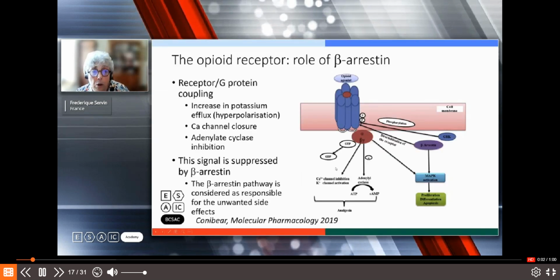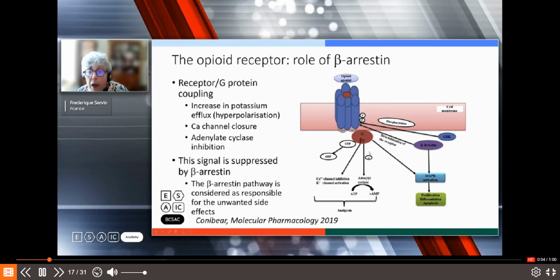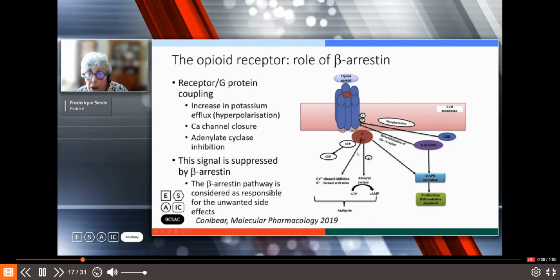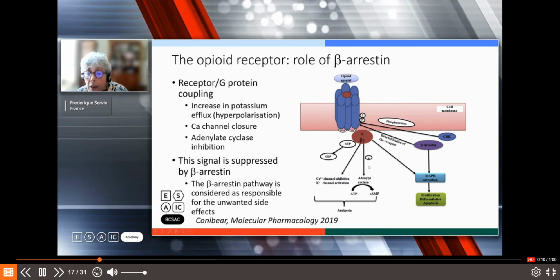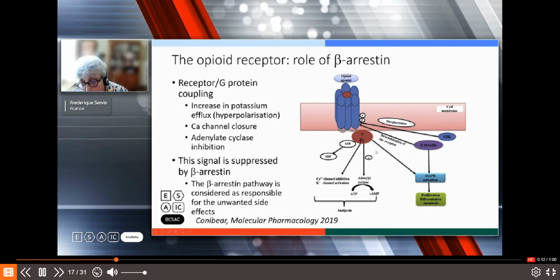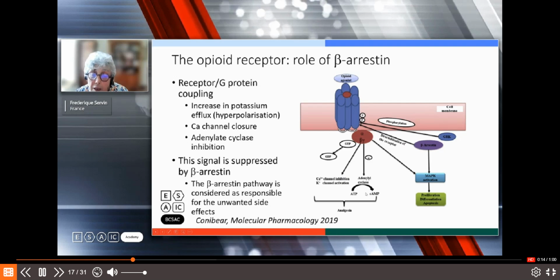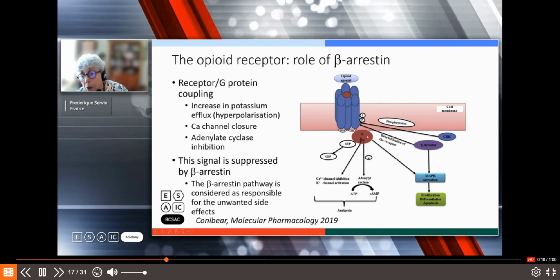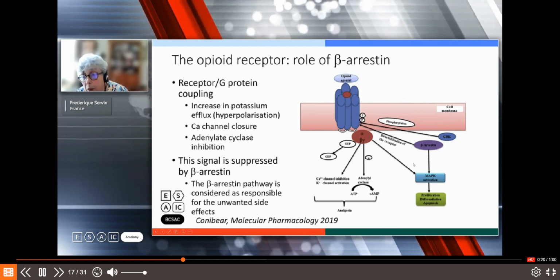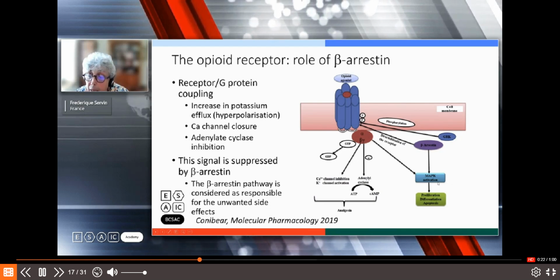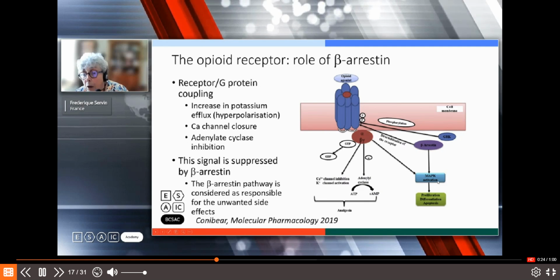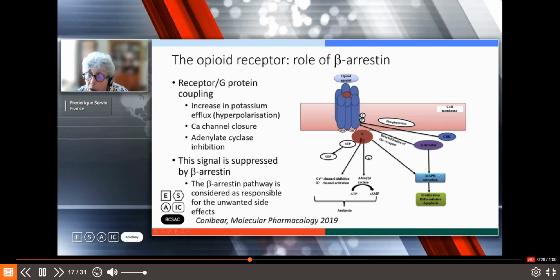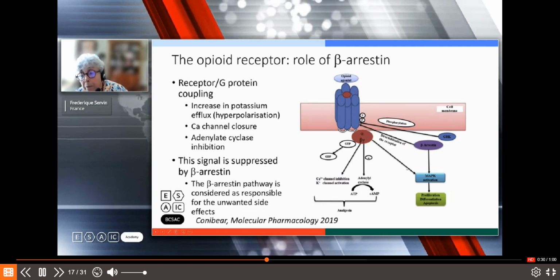Let's go back to our opioid receptor. We have seen the coupling of the receptor to the G protein, leading to an inhibition of the adenylyl cyclase by the opioids. But there is another way. Another way is the MAPK activation, which is responsible for the unwanted effect.